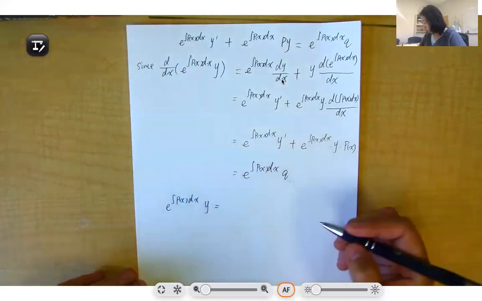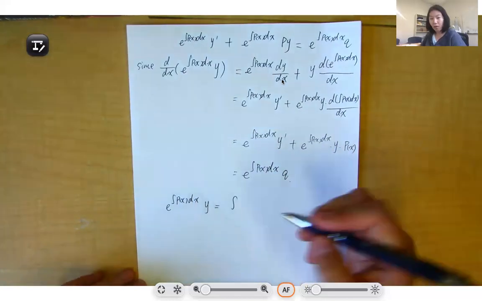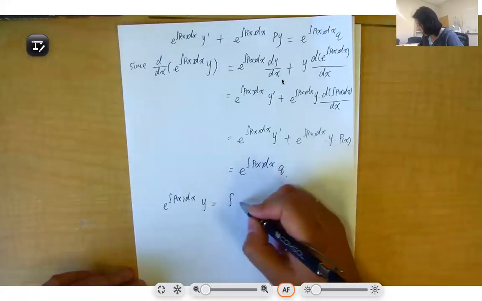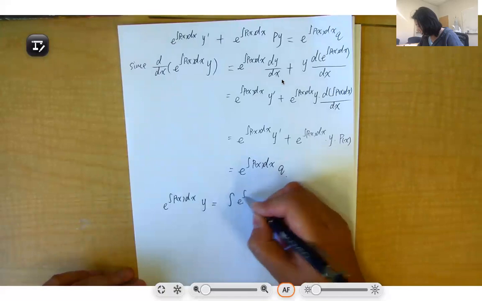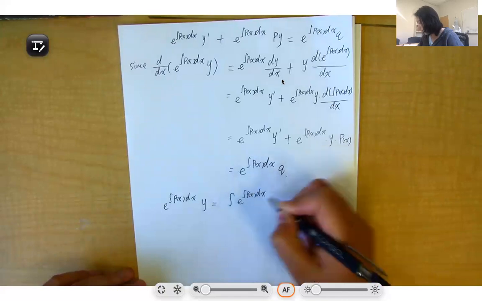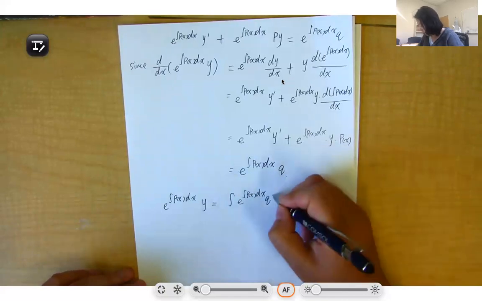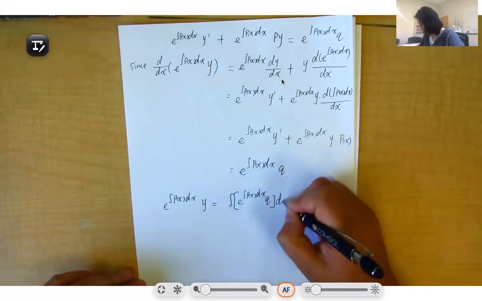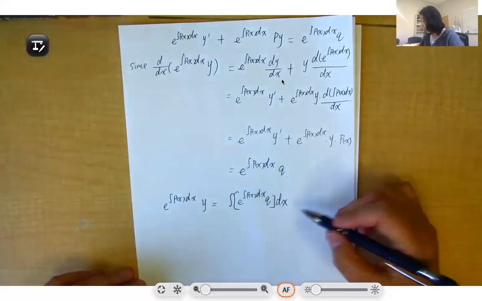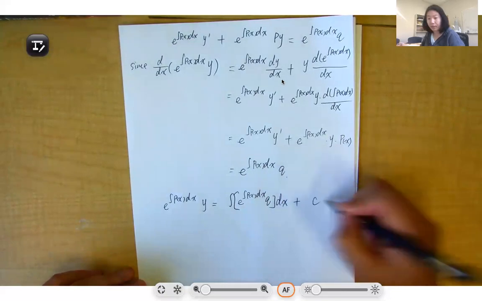That will be equal to the integral of the right-hand side, which is e to the integral of p dx times q dx, right? The integral. And plus some constant.